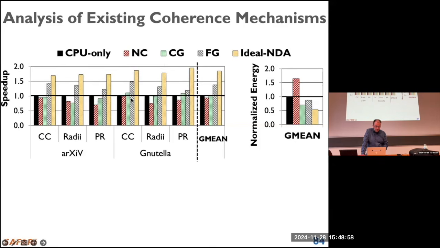In some cases, it slightly outperforms. Fine grain actually provides some performance improvement. But in terms of energy, you can see that fine grain also reduces energy, but there is a huge gap between ideal NDA and these fine grain methods.